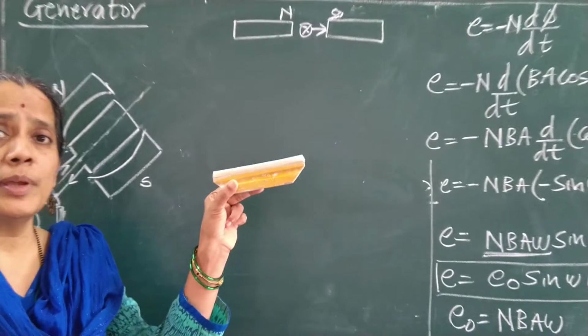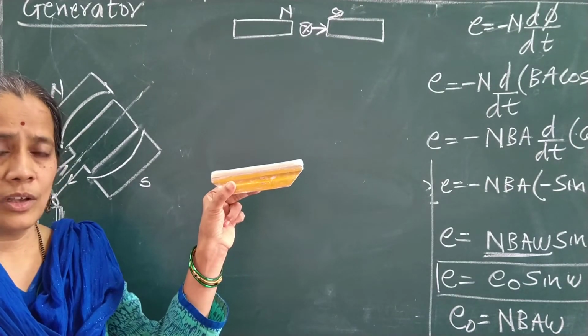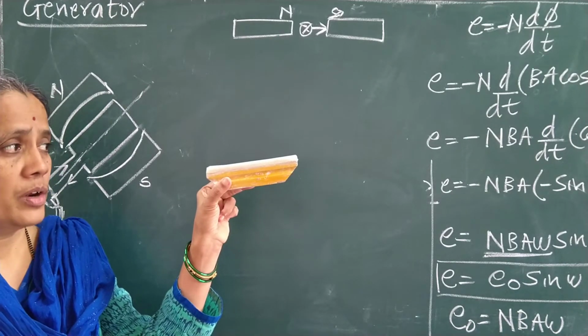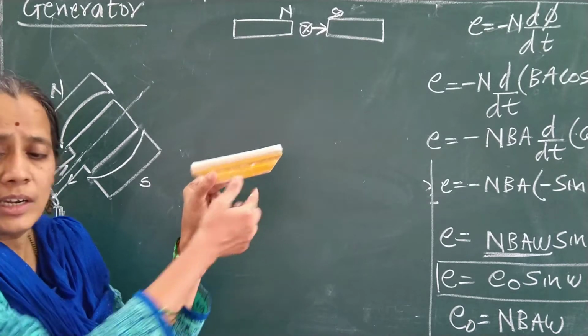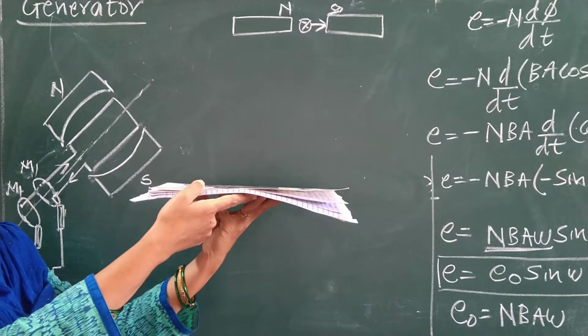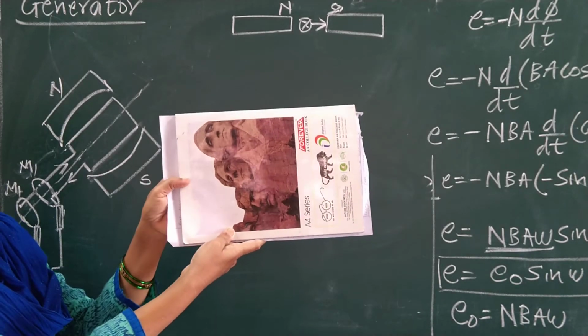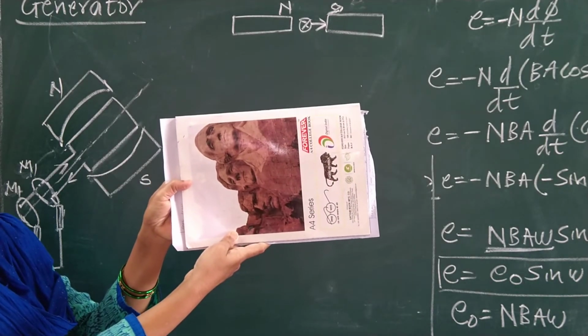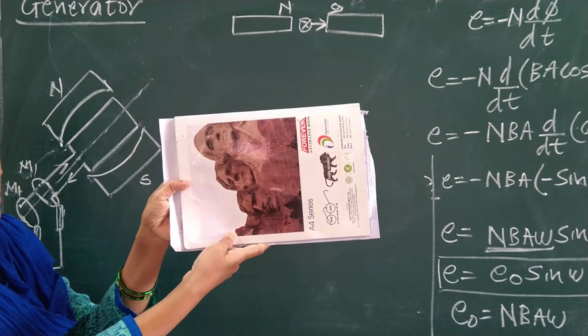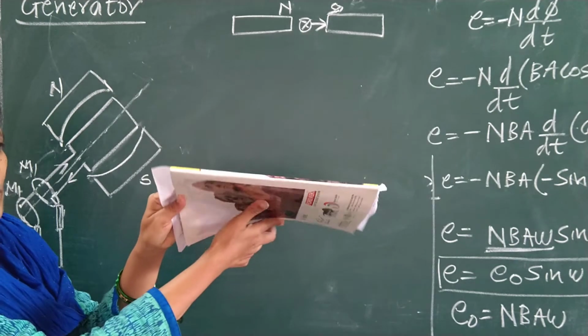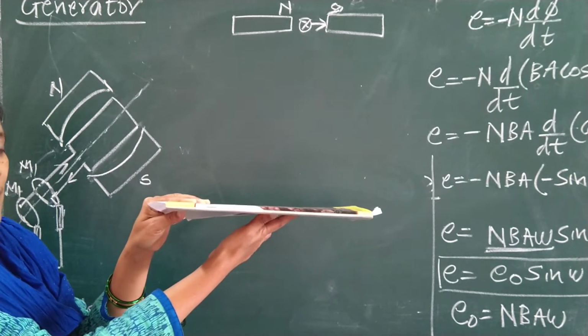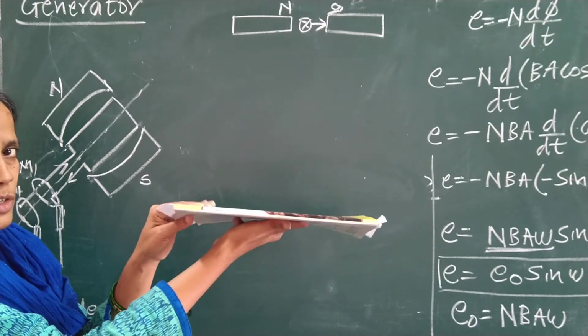At that time, there will be no change in magnetic flux, so EMF is 0. When it starts rotating, it goes in the upward direction. The initial coil is at rest. When it moves upward, to the initial position, it makes an angle of 90 degrees, so EMF is there. Again it comes back, anti-parallel, and EMF is 0.